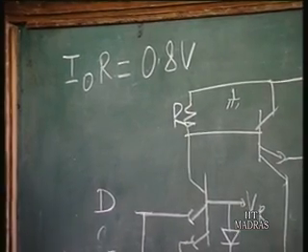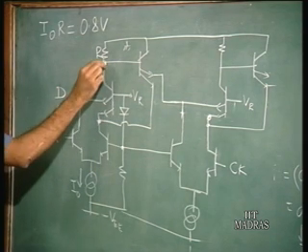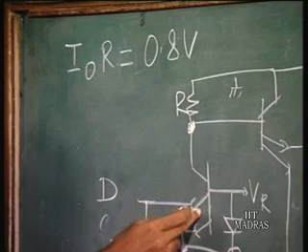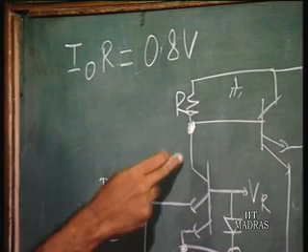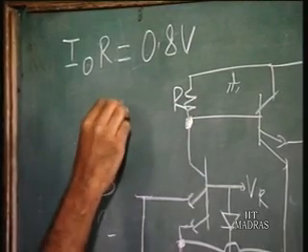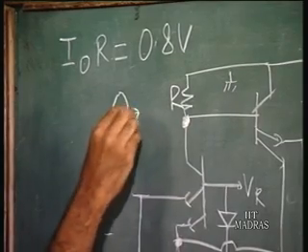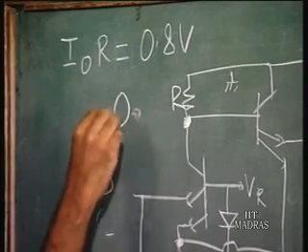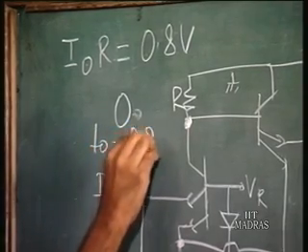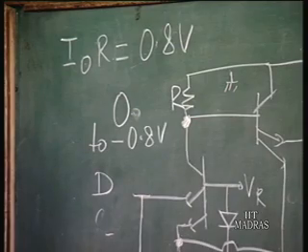So, the voltage at this node can either be 0 volts if this transistor is not conducting, or it can be minus 0.8 volts. So, here the voltage variation is 0 to minus 0.8 volts. This voltage variation at this particular node.